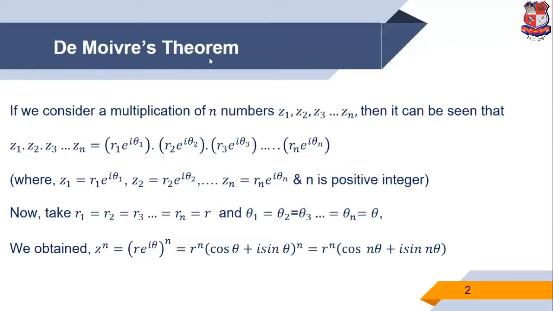So first we discuss De Moivre's theorem. How do we define De Moivre's theorem? Some theory: if we consider a multiplication of n numbers, z1, z2 up to zn.